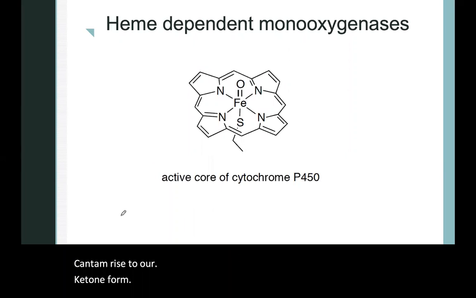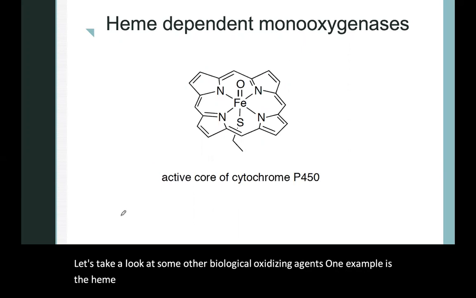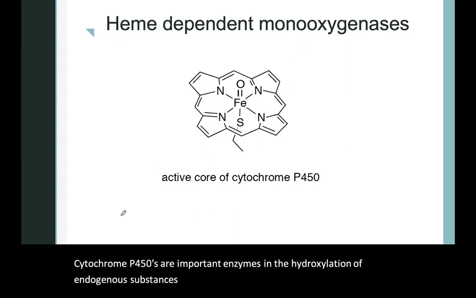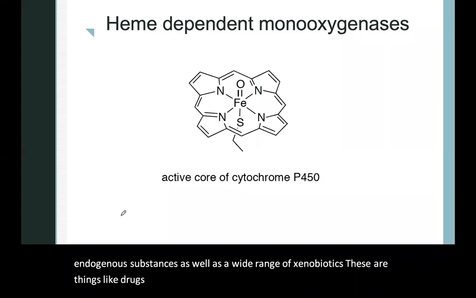Let's take a look at some other biological oxidizing agents. One example is the heme-dependent monooxygenases. Cytochrome P450s are important enzymes in the hydroxylation of endogenous substances, as well as a wide range of xenobiotics. These are things like drugs and other chemicals that you're exposed to.